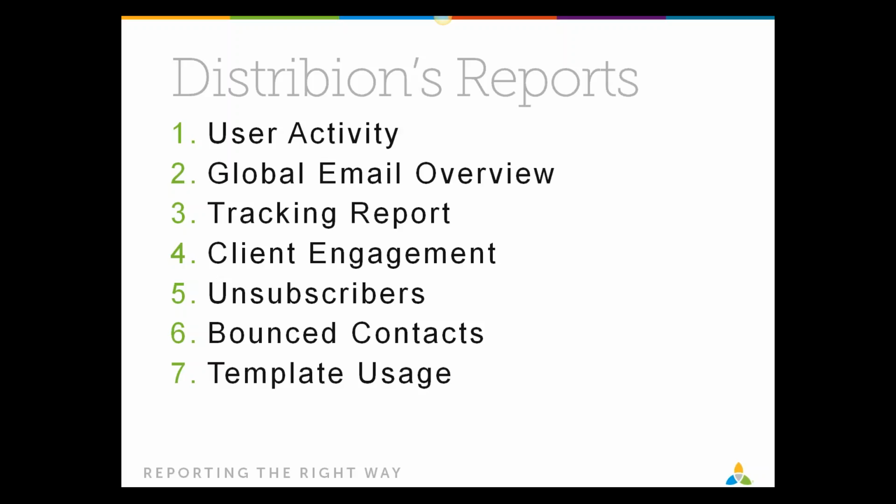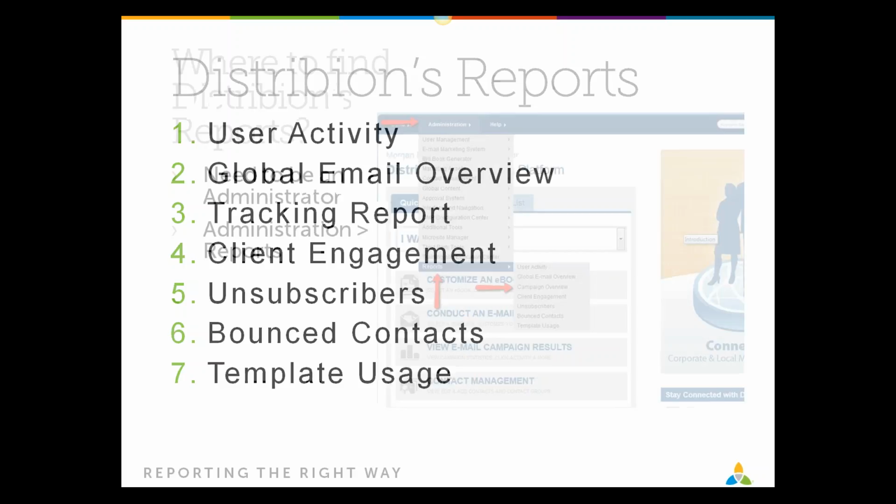Some of these reports are very basic ones, and I'm sure you are able to figure them out on your own. But I just thought it was good to refresh everyone on how all the reports work, in case anyone has any questions about them, you can always refer to the webinar.